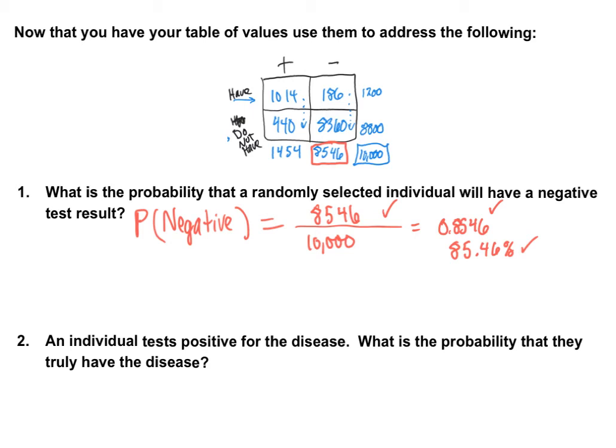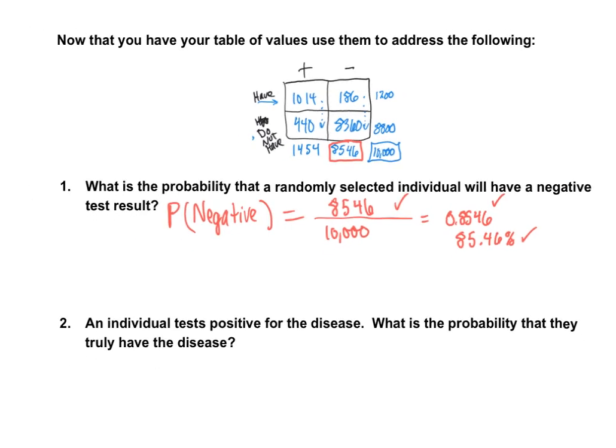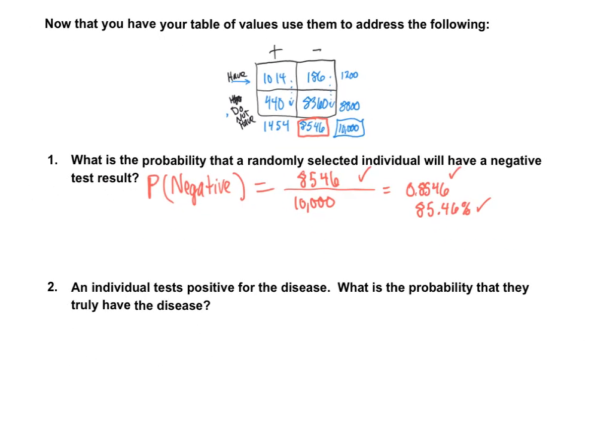We see that 85.46% of people have a negative test result. The next thing we want to address is this: an individual tests positive for the disease. What's the probability that they truly have the disease? In the conditional probability notation we are familiar with, what is the probability that they have the disease, given that they test positive?